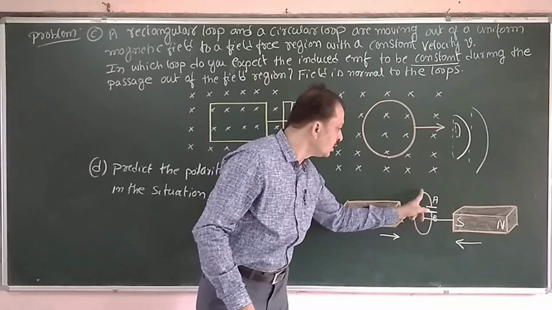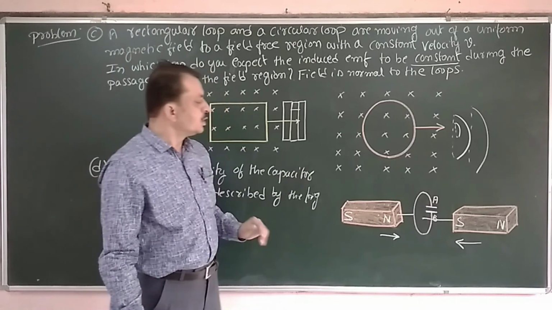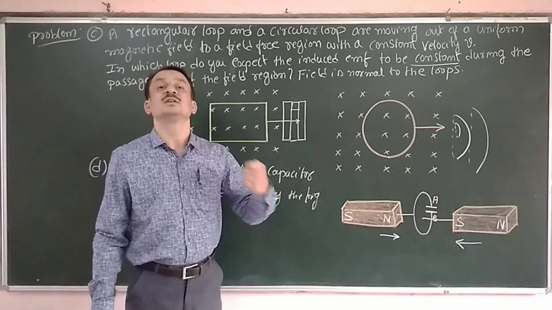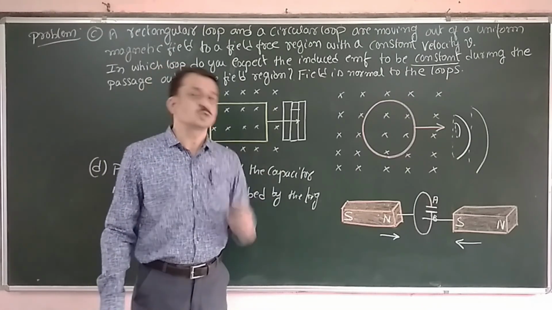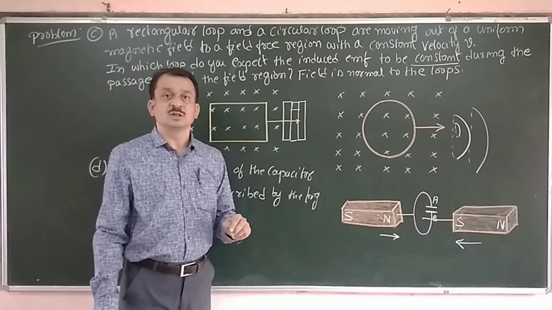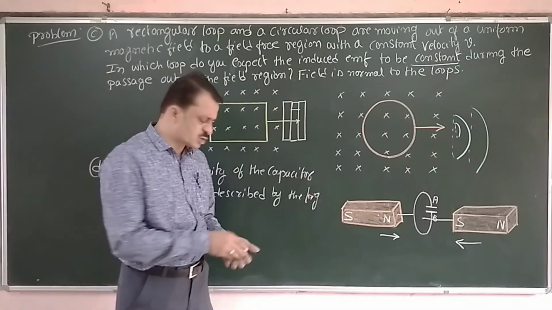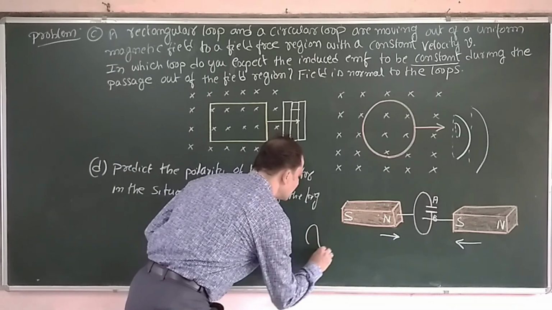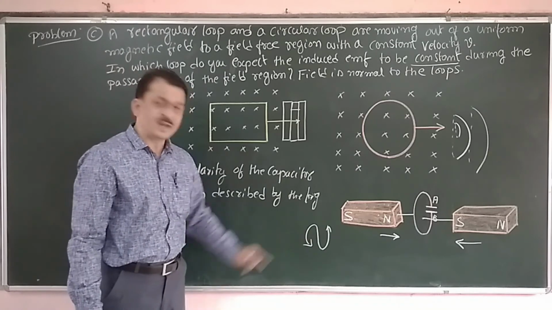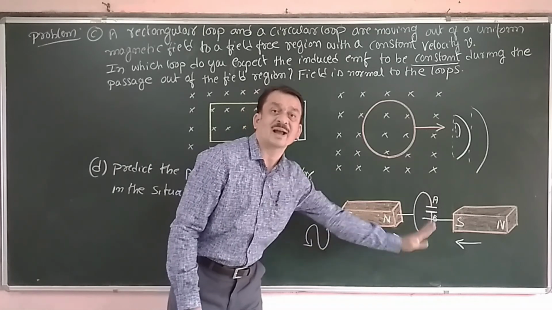As and when the north pole is moving, this loop has to behave like a north pole according to Lenz's law. It has to oppose the movement of the north pole. Since it has to behave like a north pole, what is the direction of the current? It should be anti-clockwise as seen from the left side magnet.